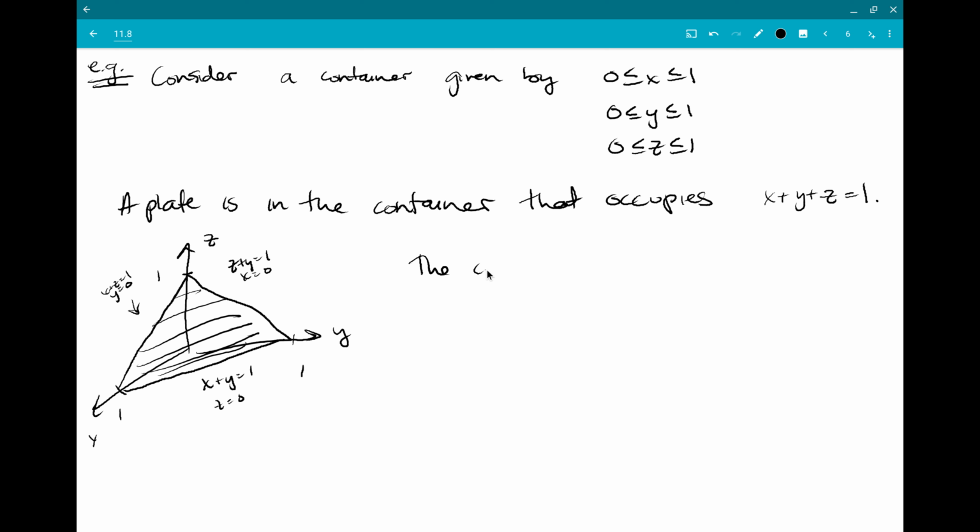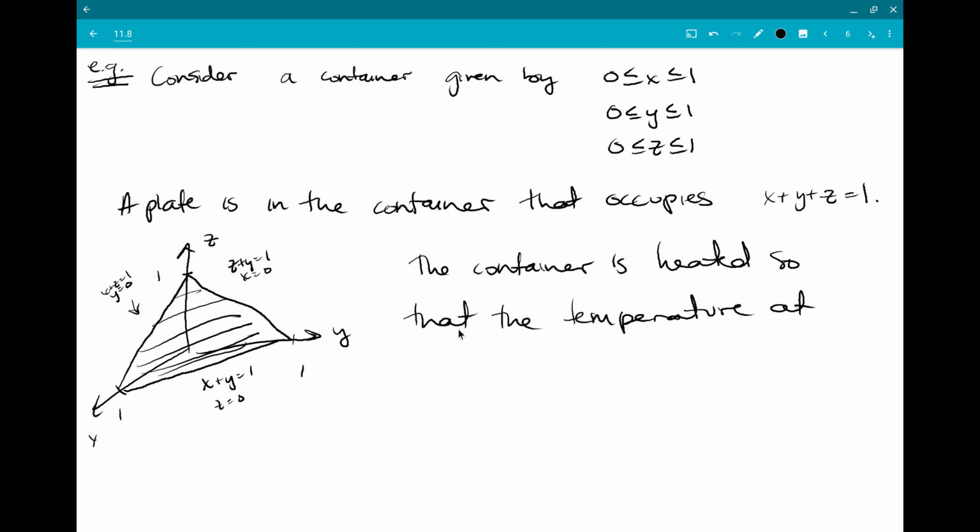The container is heated so that the temperature at any point is T of x, y, z equal to 4 minus 2x squared minus y squared minus z squared.